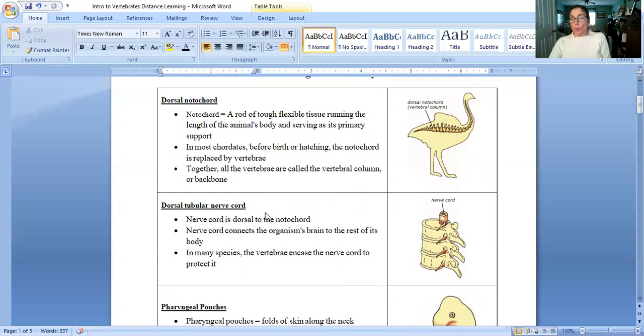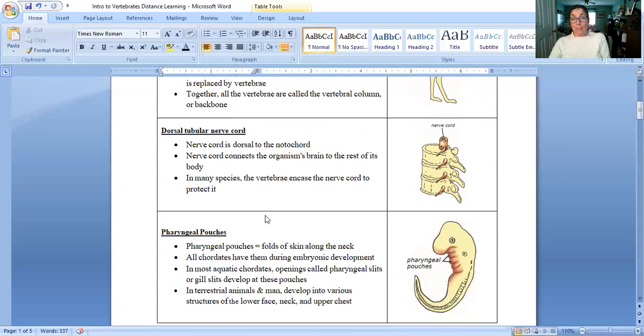You have to have a dorsal tubular nerve cord, and in most vertebrates, that nerve cord becomes encased in the vertebral column. And you have to, at some point in your development, almost always the embryonic stage, have these pharyngeal pouches or pharyngeal slits. Okay, so if you can check off those 3 boxes, you belong in the phylum Chordata within the kingdom Animalia.